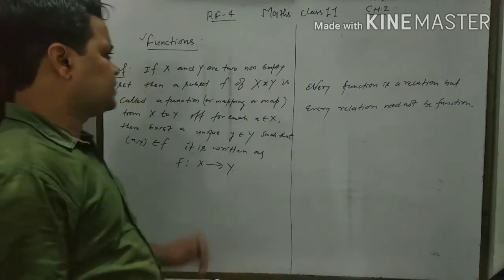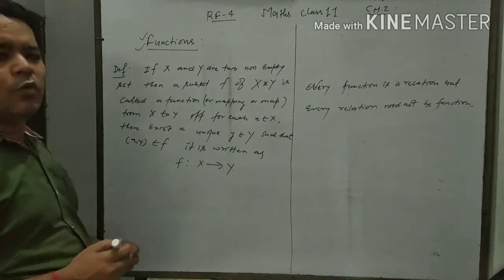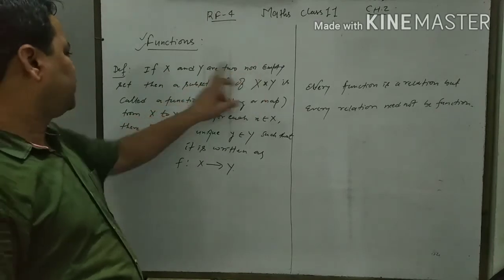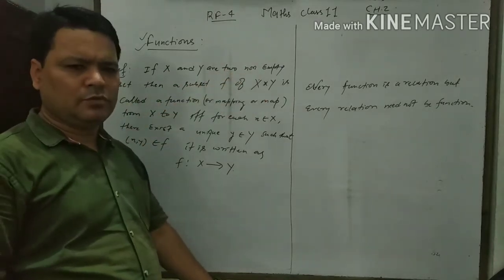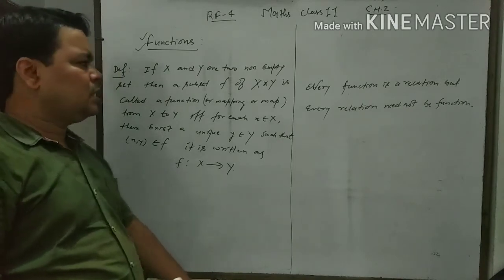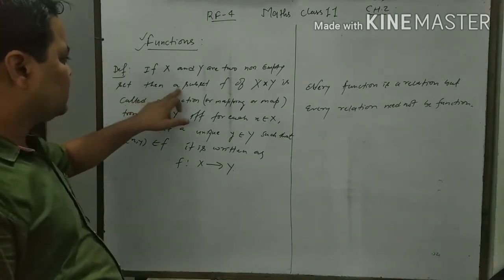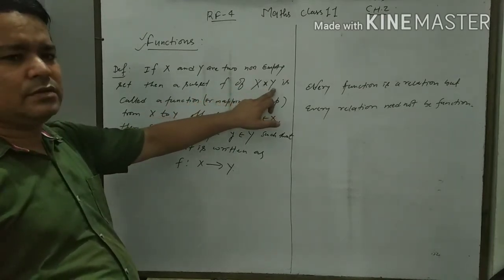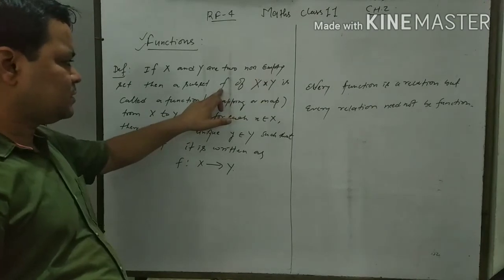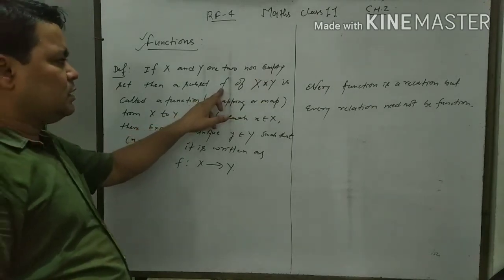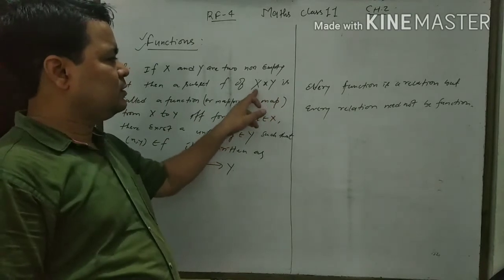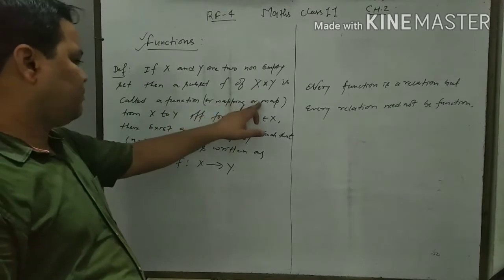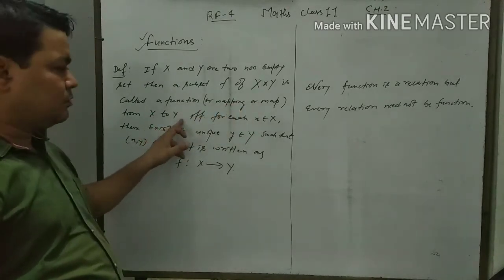Okay, on this basis we can make a definition of a function. If X and Y are two non-empty sets, a subset F of X cross Y, means if we make a subset F of X cross Y, is called a function or mapping or map from X to Y. What is the condition?